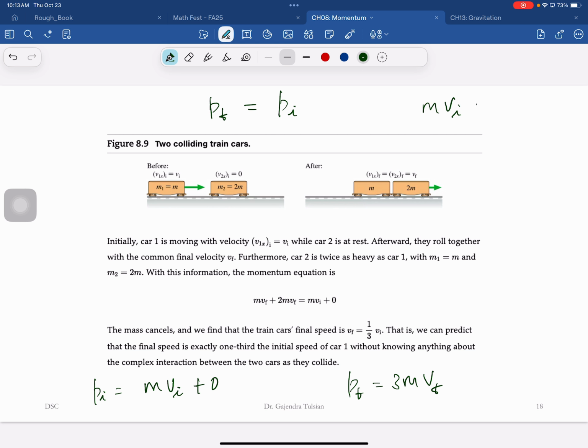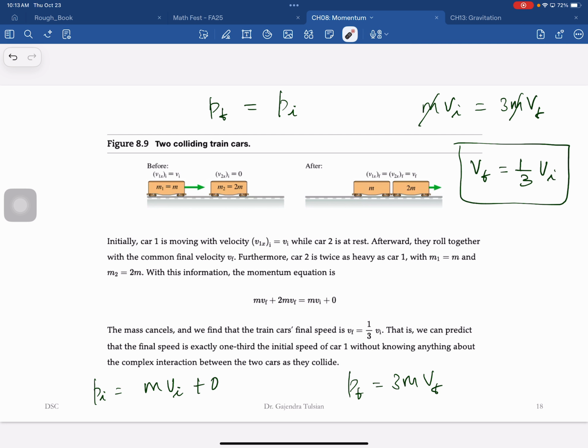m v_i should equal 3m v_f. The m cancels, so v_f is 1/3 v_i. I just did a bunch of math, but I want to tell you what's amazing about this. This is just the momentum conservation principle: the momentum before the collision is equal to the momentum after the collision.